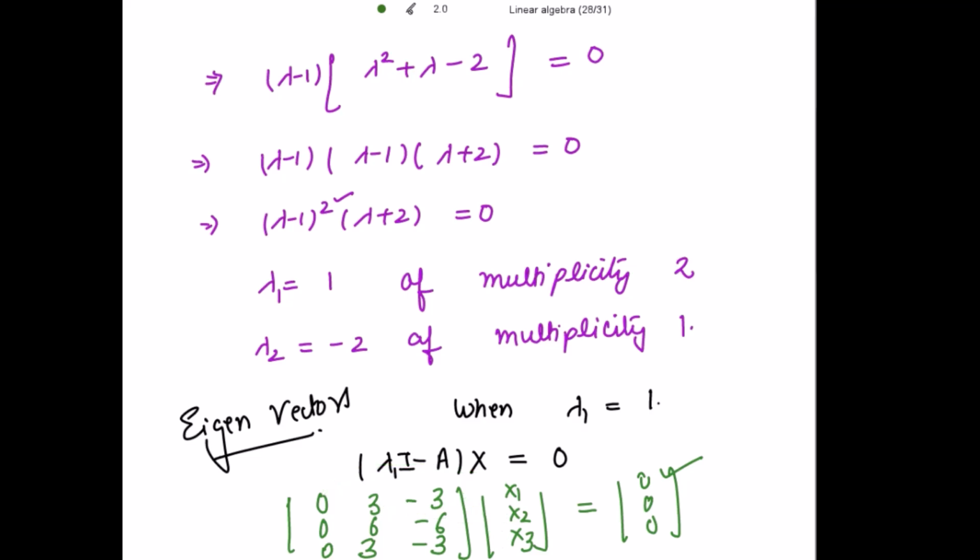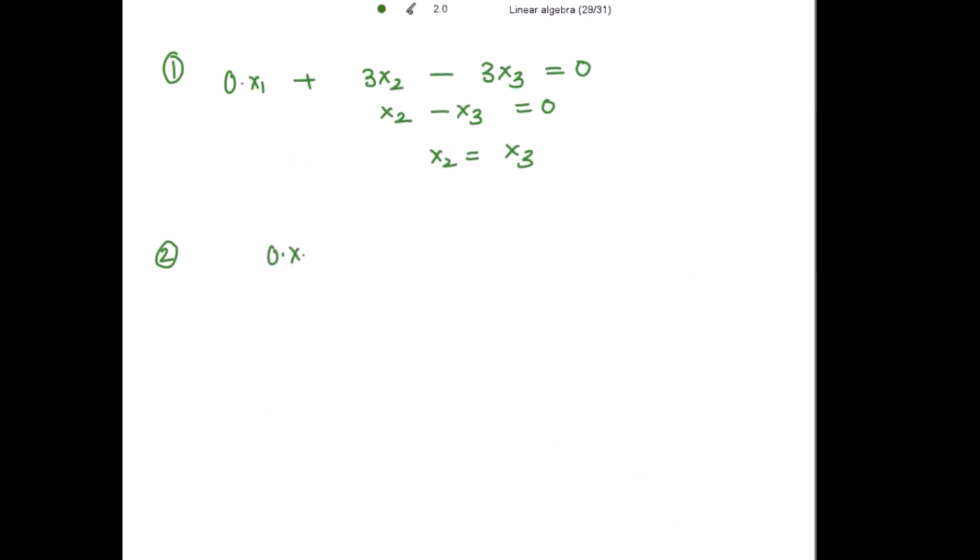Similarly, we get the second one, 0 into x1 plus 6 into x2 minus 6 into x3 equals to 0. So from here also we are getting x2 equal to x3.